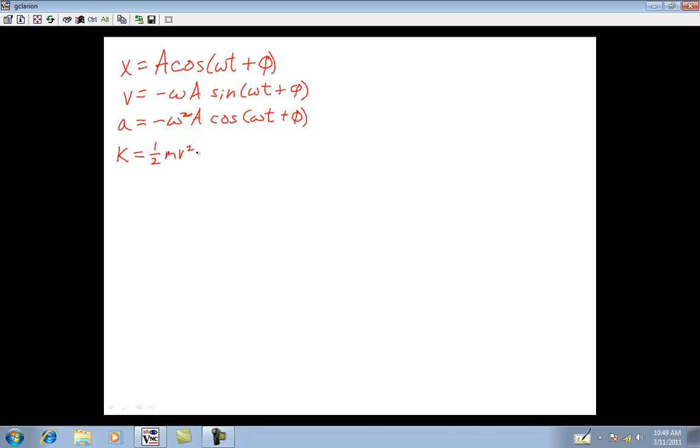So that would be 1/2 m omega squared a squared sine squared of omega t plus phi. Then the potential energy equation would be 1/2 kx squared, and that would just be the 1/2 with the k.